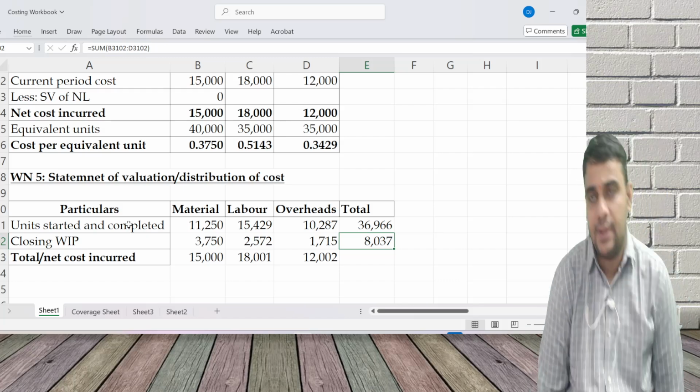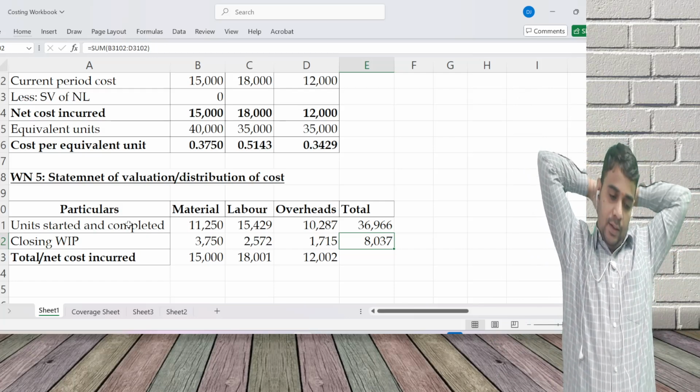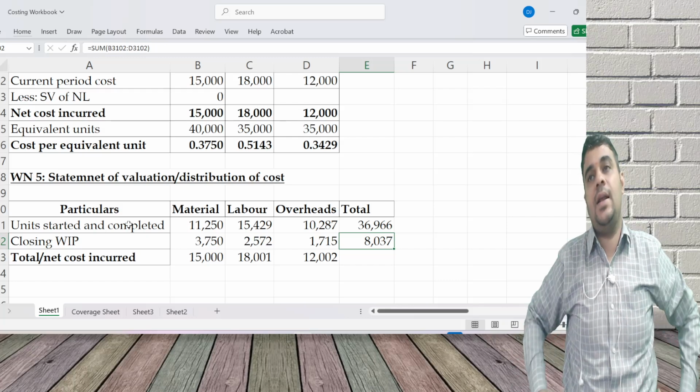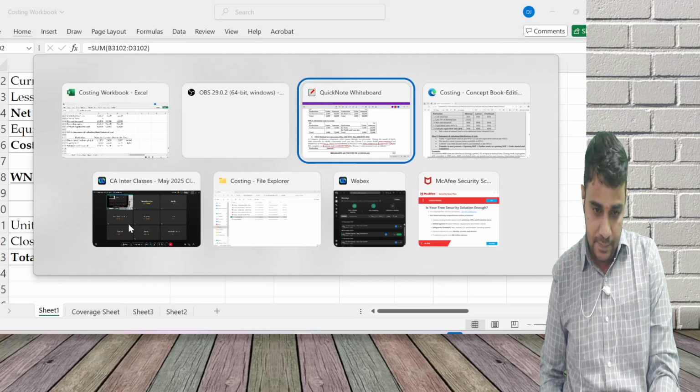I'm getting a ₹3 difference here. It's a rounding difference. It is like your ABC method where you will have to keep doing longer calculations.